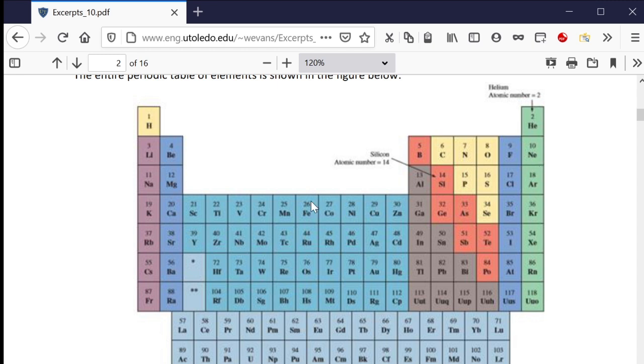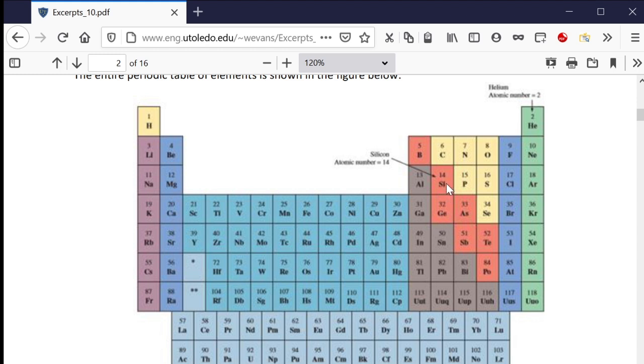So the periodic chart basically shows the number of electrons and protons in an atom.